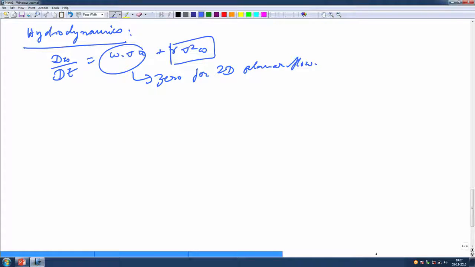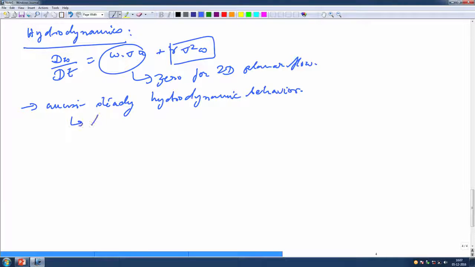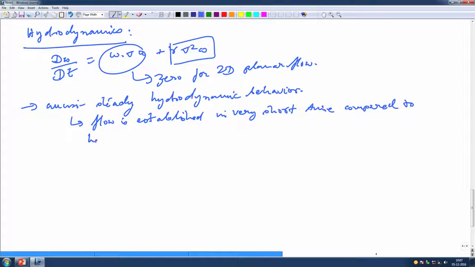Now, here what we say is that we assume a quasi steady hydrodynamic behavior. This essentially means that the flow is established in very short time compared to heating or mixing.